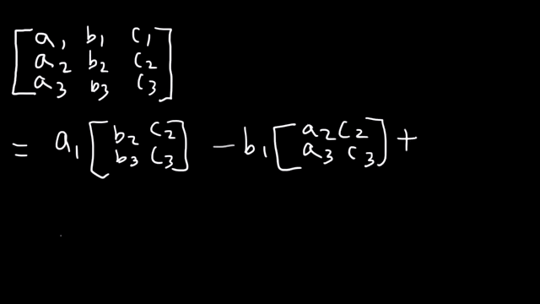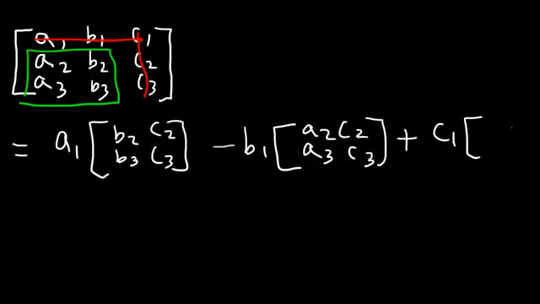And then plus, the next one is going to be C1. C1 is in row 1, column 3. So what we have left over is A2, B2, A3, B3. So it's going to be C1, A2, A3, B2, B3. And you know how to evaluate a 2x2 matrix because we covered that already.